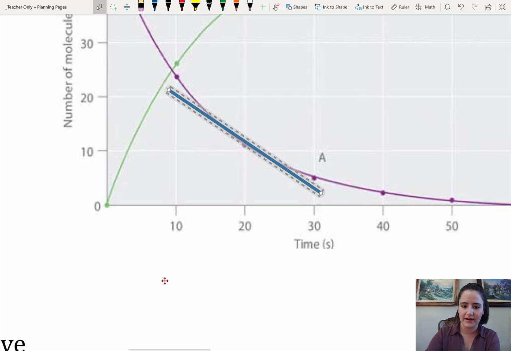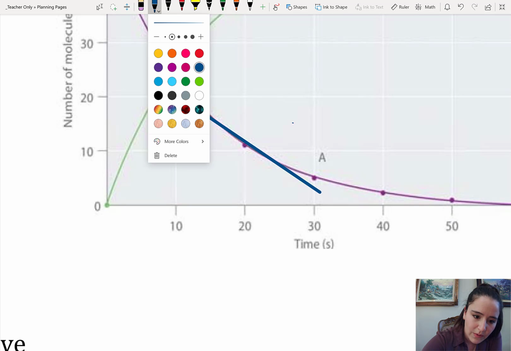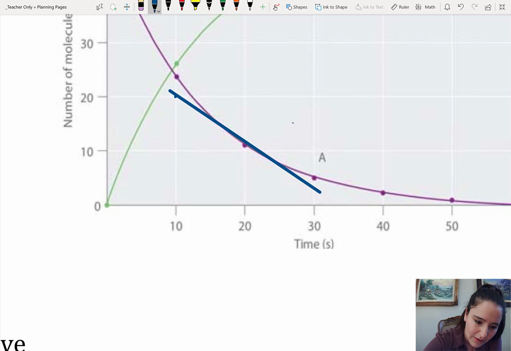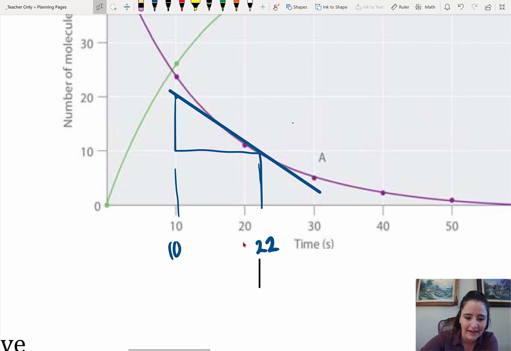And let's see if we can find the slope of it from that. A little review back to math class: slope is the rise over the run. So you've got to do that little triangle thing. Of course, this is not very precise, but hopefully we can get a sense of that scale. I'm going to go at 10 and 22, so 12 seconds.